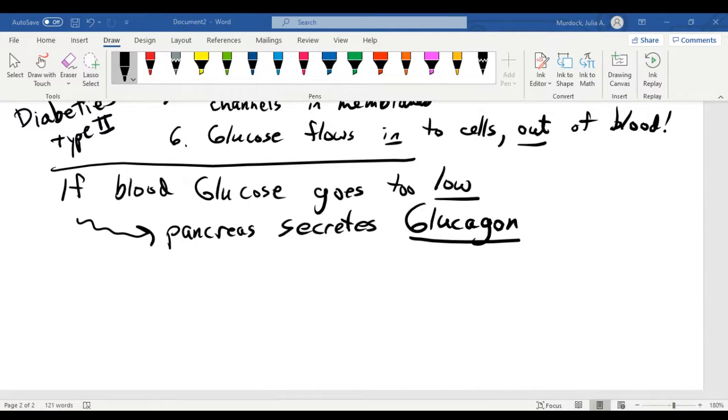Glucagon does the opposite of insulin, sort of. It's going to raise the blood glucose back up. But where is it going to get glucose? Yes, it breaks down glycogen in the liver. That's it. That's how you do it. Exactly right.